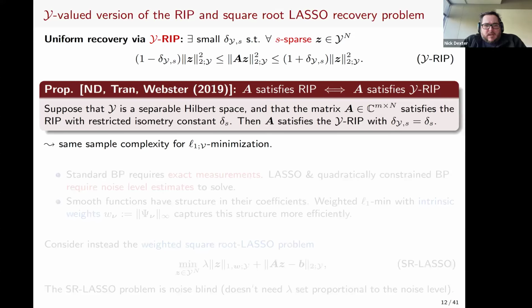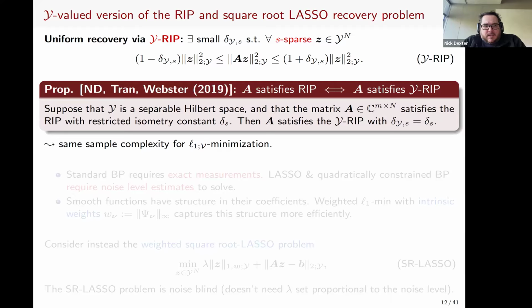What we were able to show in 2019 in some work during my PhD thesis is that we can reformulate this RIP problem to a certain version we called the Y-RIP or V-RIP in the earlier papers, when we're considering a Hilbert space Y. And that says that there exists a small constant delta such that for all S sparse vectors z in Y to the N, we have 1 minus this constant times, again, the same kind of inequality that we see in the RIP, but just with these two Y norms instead.